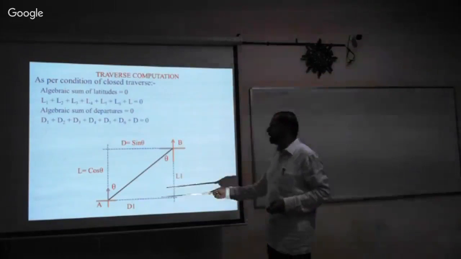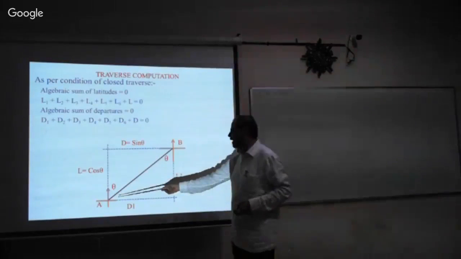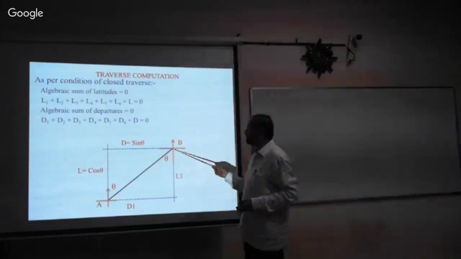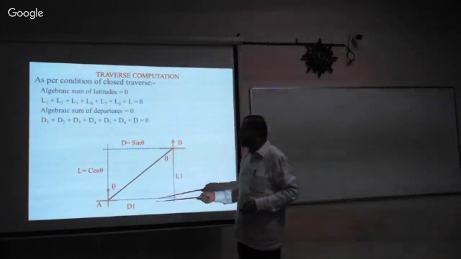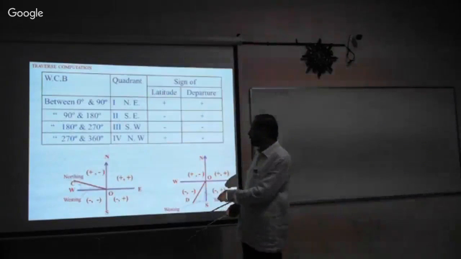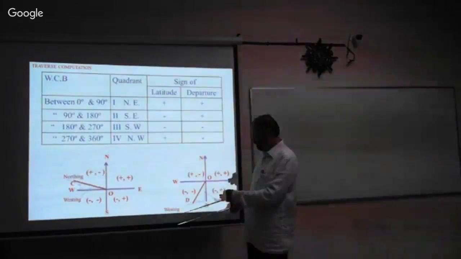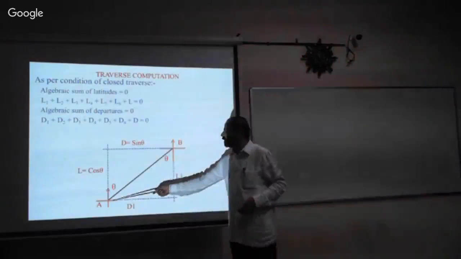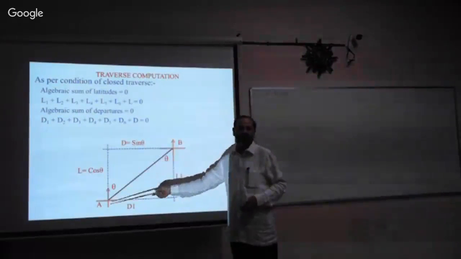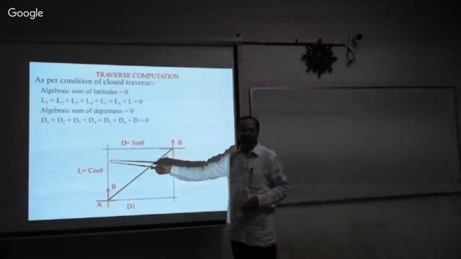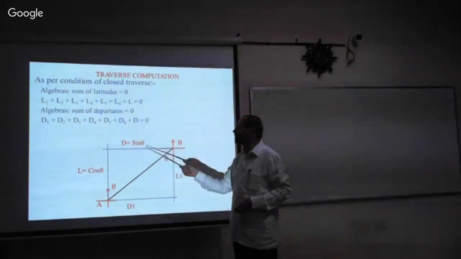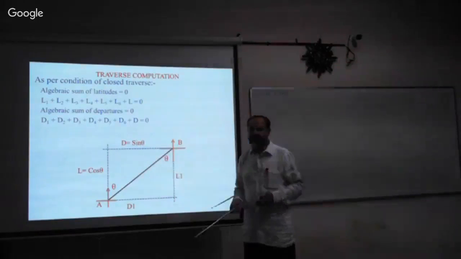Now, a survey line AB consists of latitude and departure. Latitude is measured along the north-south line, and departure is measured along the east-west direction.